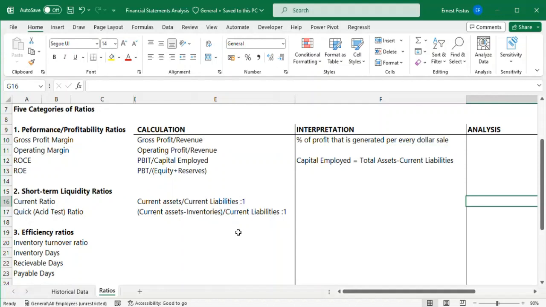And then we can also compare it with an industry average. So with these two ratios, usually when they are 1:1, that is the ideal ratio. Ideal ratio is 1:1. But it depends on the industry. Some industries have higher short-term liquidity ratios and others have lower. So it depends on the industry the business finds itself in.